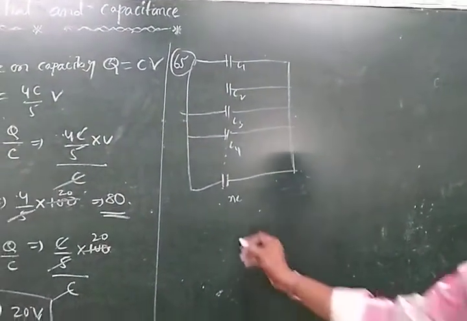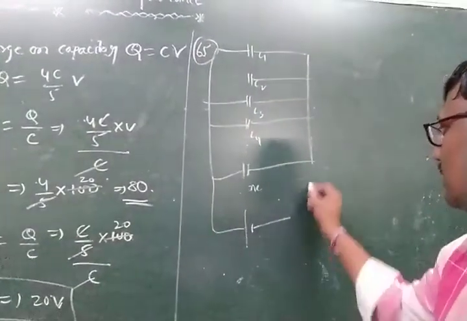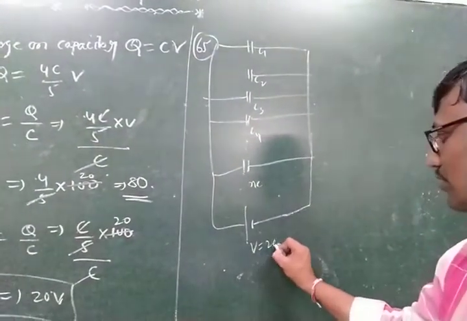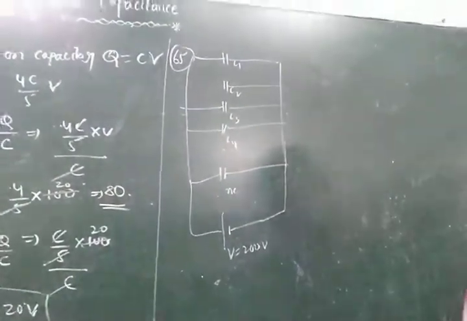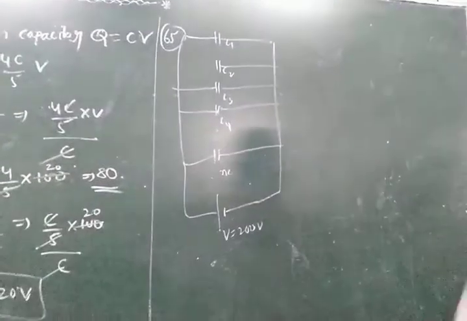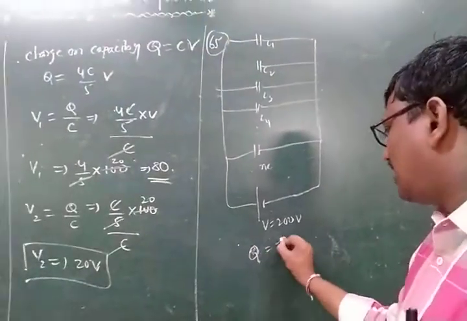Now a battery of potential difference V equal to 200 volts is applied to the combination. The total charge is 1 coulomb.